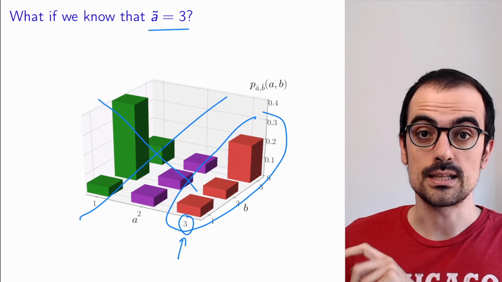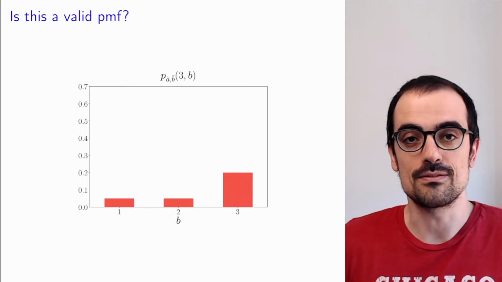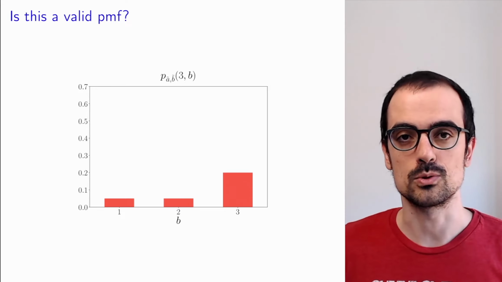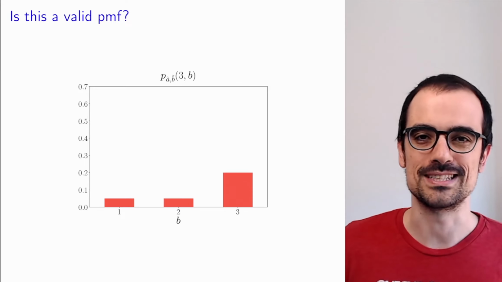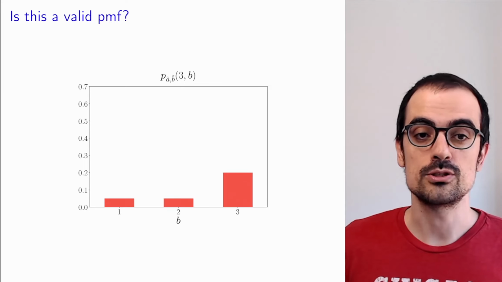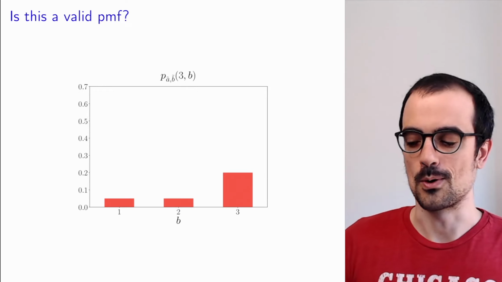Of course, if we just take those values, this is not going to be a valid PMF. It's definitely non-negative, but it doesn't add up to 1, because the whole joint PMF adds up to 1 and we have thrown part of it into the trash, right? So we need to normalize these values in order to obtain valid conditional probabilities.